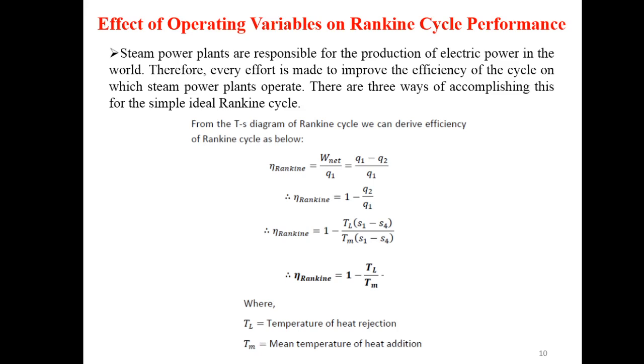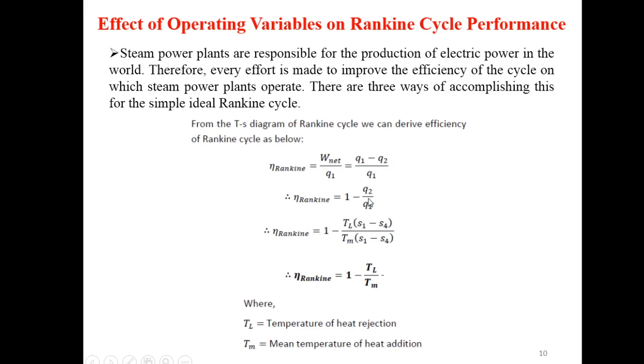From the TS diagram of Rankine cycle, we can derive efficiency of Rankine cycle as below. Efficiency of Rankine cycle is W net divided by heat supplied. W net is Q1 minus Q2, that is heat supplied minus heat ejected, divided by heat supplied. So the formula will become 1 minus heat ejected divided by heat supplied.